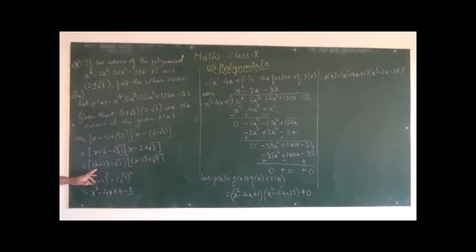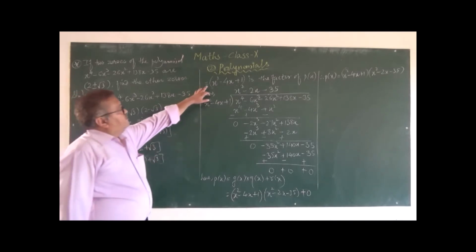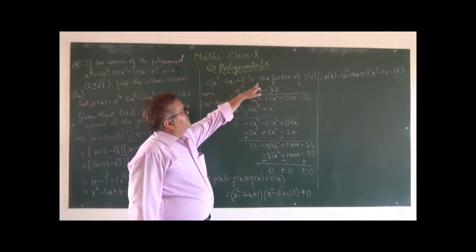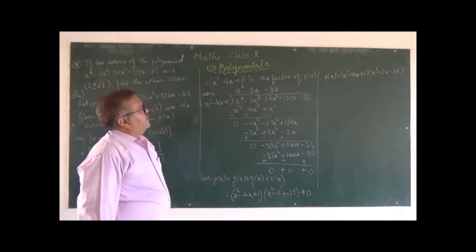Arrange it: x minus 2, minus root 3 plus root 3. So we write it in the form a square minus b square. Here we are getting x minus 2 whole square minus root 3 whole square. So it is x square minus 4x plus 4 minus 3, and we get x square minus 4x plus 1 as a factor of P of x.